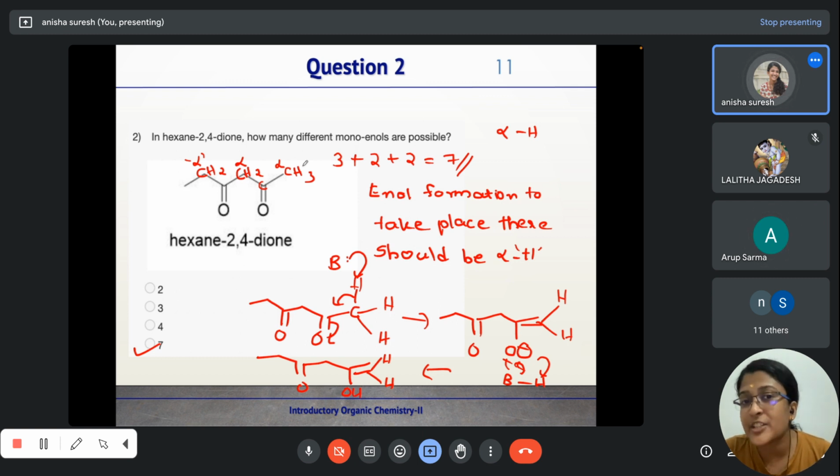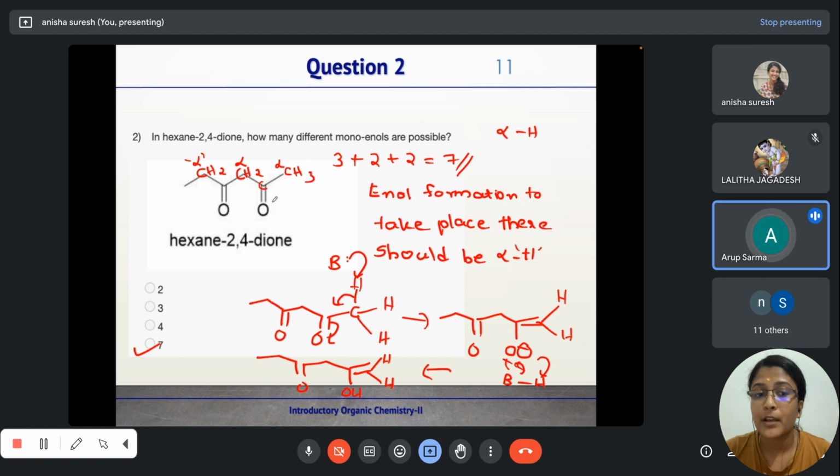They have not mentioned anything like it is labeled. So since the number of alpha hydrogens is 7, by abstracting each of the alpha hydrogen protons, it will result in the formation of one monoenol, right? Then it is okay. So that is why we are considering it as 7.